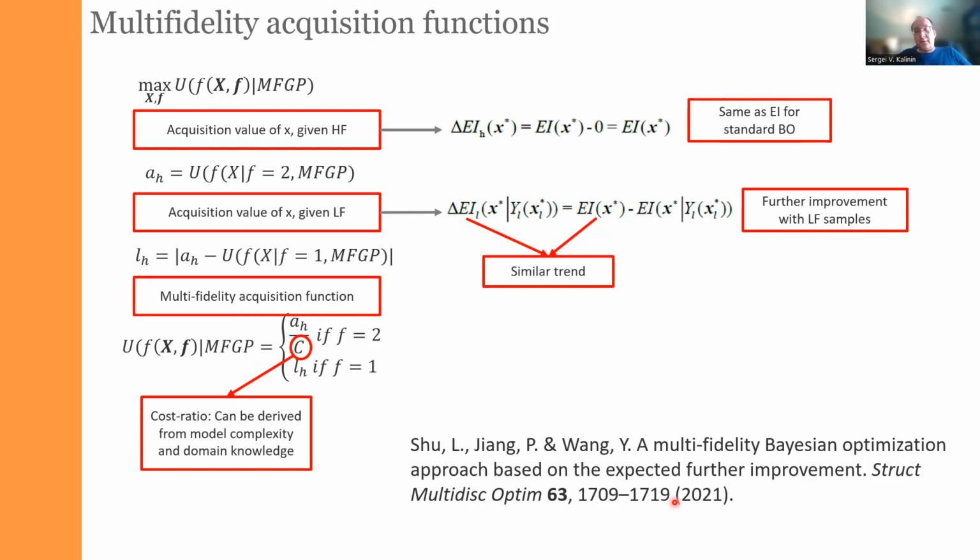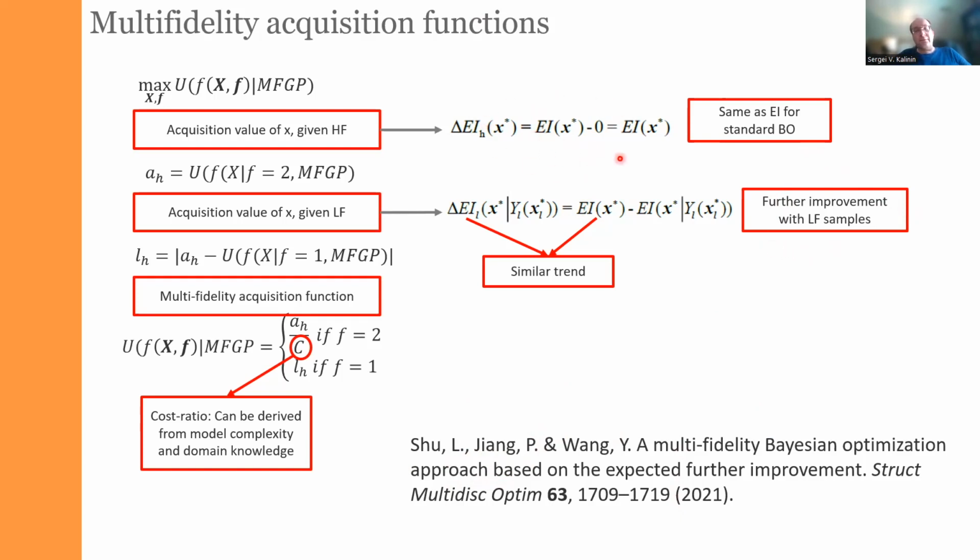So as you remember, the choice of the acquisition function, even for classical Bayesian optimization, can be an interesting process. For multi-fidelity, it's even more so because this is where you need to define the domain expertise. For example, the recent paper by Xu and Wang basically created the acquisition function, which is a certain combination of the expected improvement.